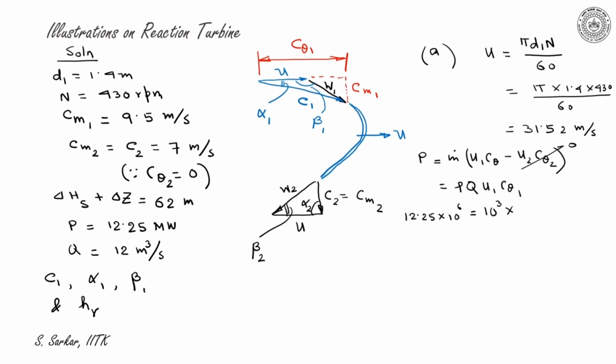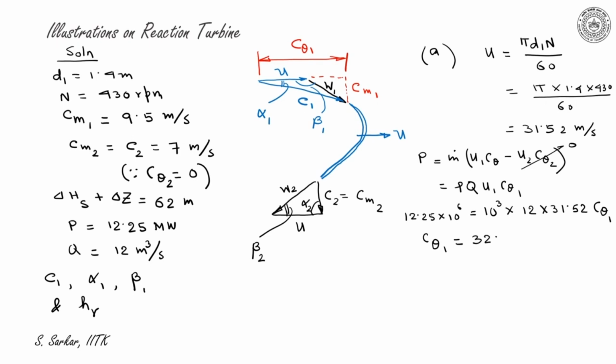Thus, from inlet velocity triangle, I can write tan alpha 1 is equal to Cm1 divided by C theta 1. Cm1 value is given as 9.5 meter per second.